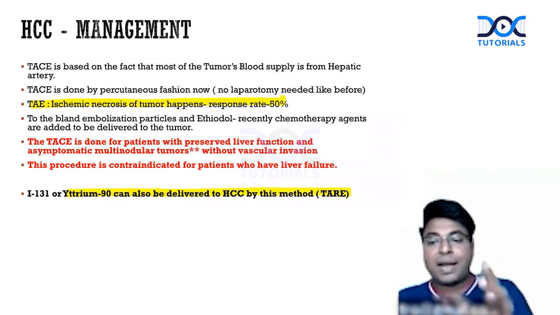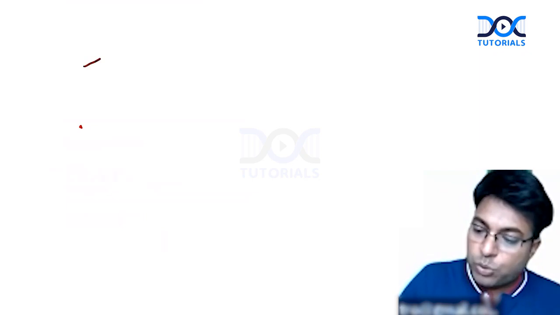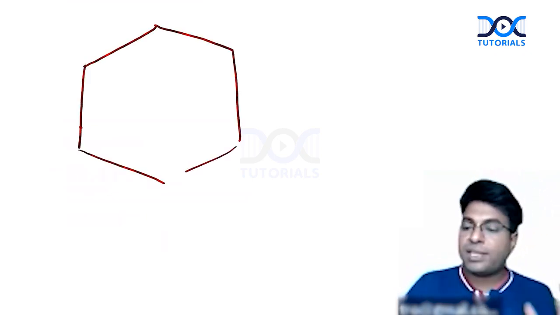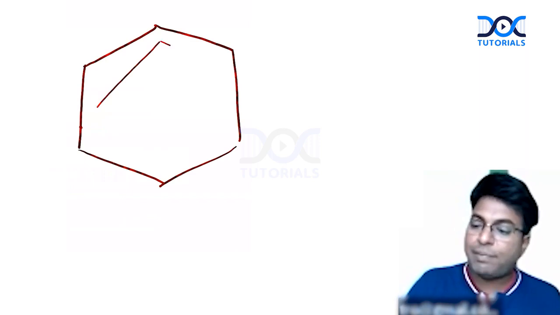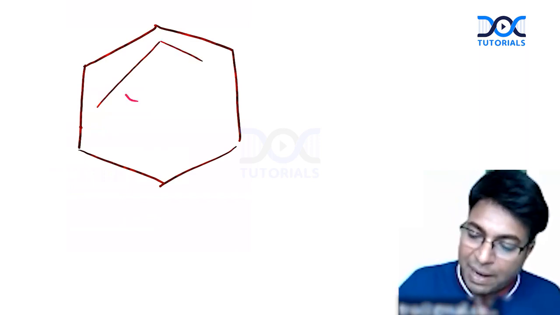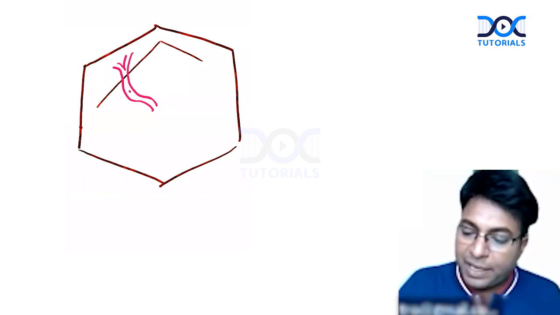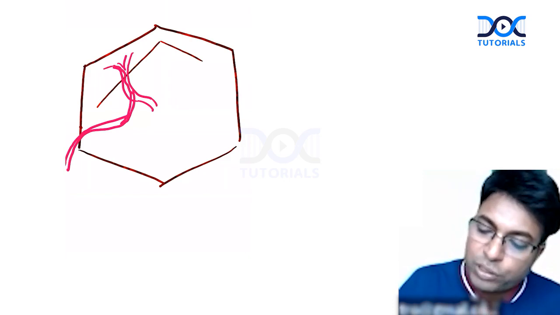And how is it done? It is an interesting point, because when I was doing MS general surgery, I saw a case of transarterial chemoembolization. They made a huge incision, did a laparotomy, dissected the hepatic artery, cannulated the hepatic artery with a cannula, and through that they put the chemotherapy.